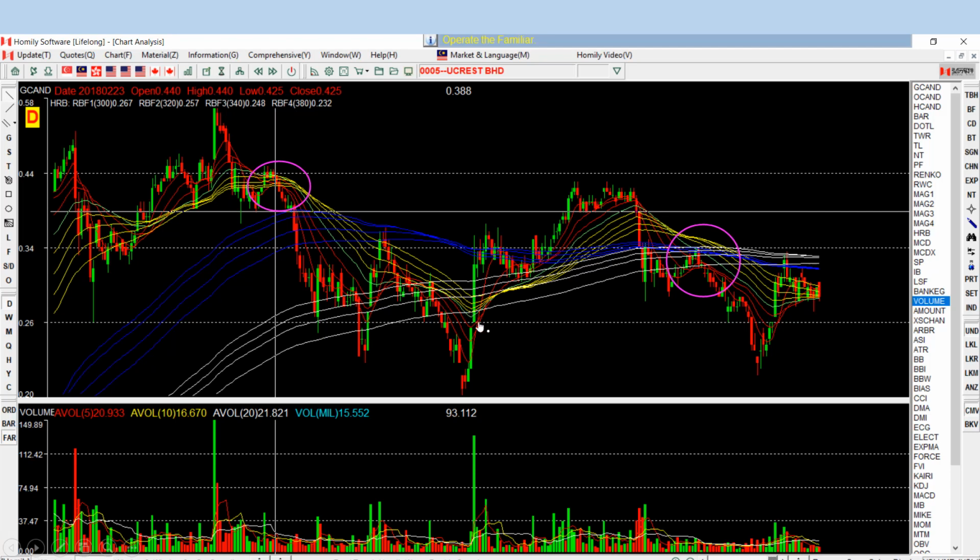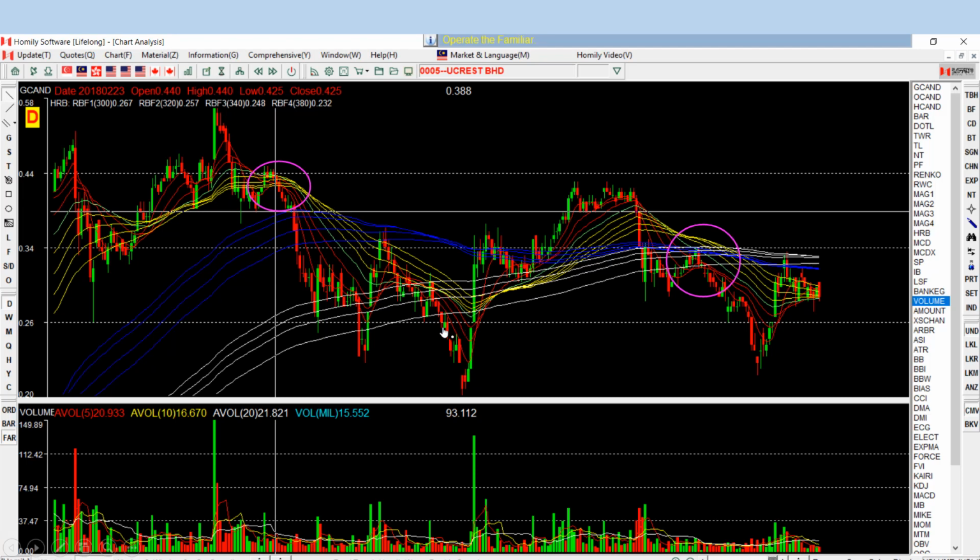So for the downtrend, the blue line also turns down. So here will be the resistance. You can see when the price gets support from the white line, then rebounds to the blue line, it will get resistance from it. Then the price starts to drop again.